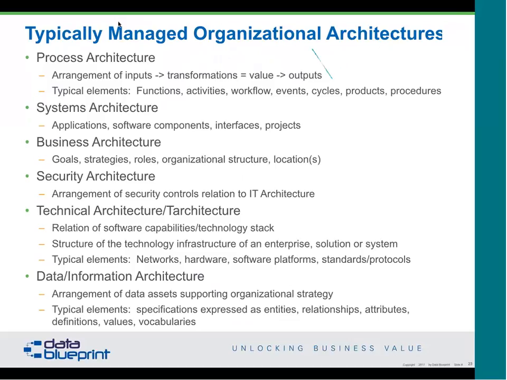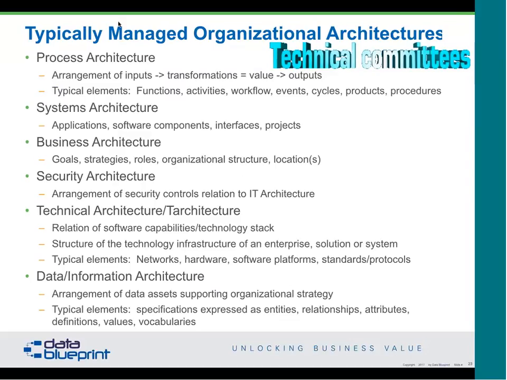Now, the problem is, if management doesn't understand what these architecture groups are doing and what business value they're adding, they'll think of it just as a series of technical committees. Many of us have worked in the standards world, and that is a thankless task. But if management doesn't understand the value of architecture, they're going to have a hard time continuing to invest in it on a long-term basis. So it's very important that everybody put out there what it is that these architectures are doing.